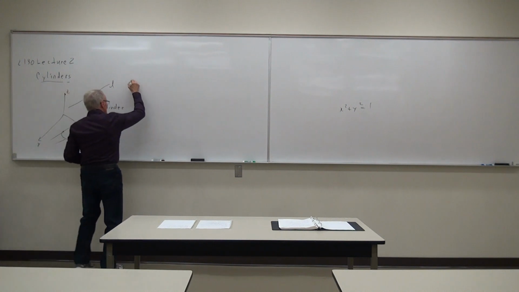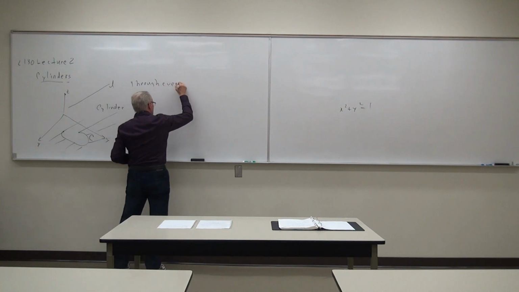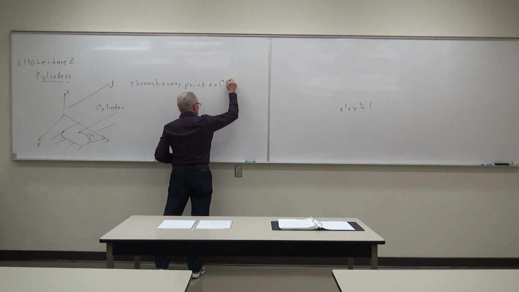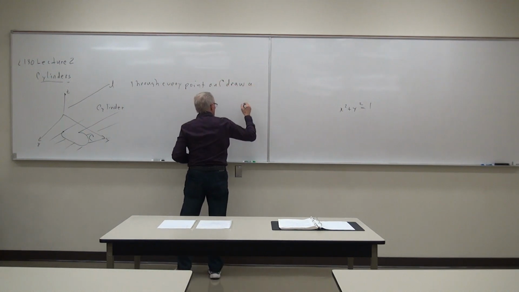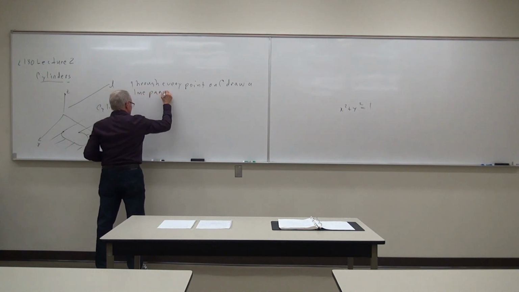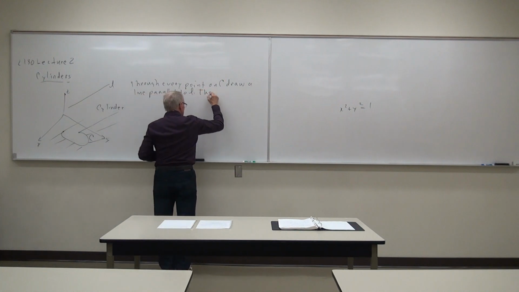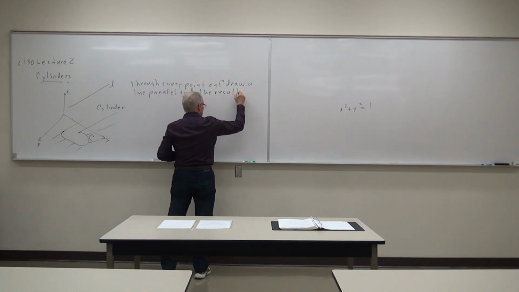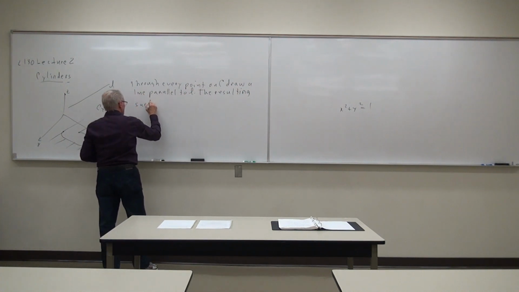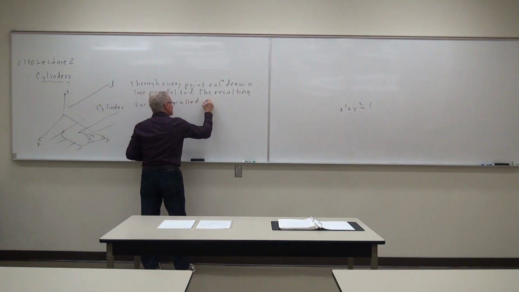So through every point on C, draw a line parallel to L. The resulting surface is called a cylinder.